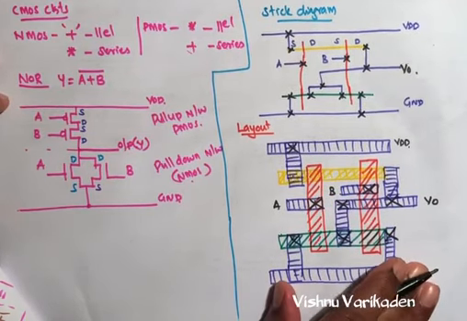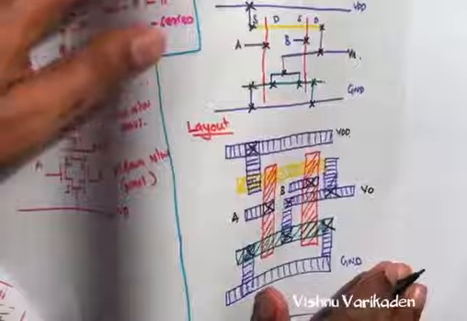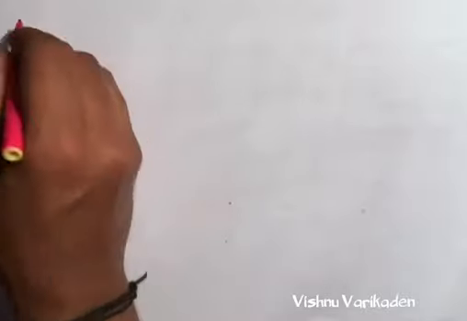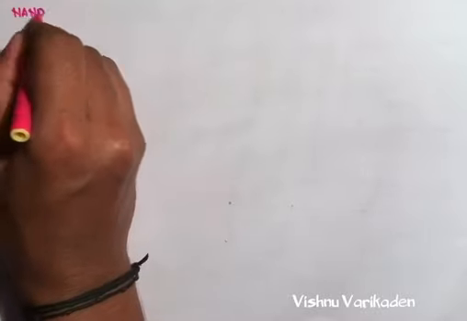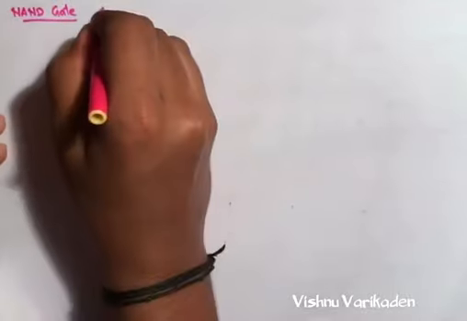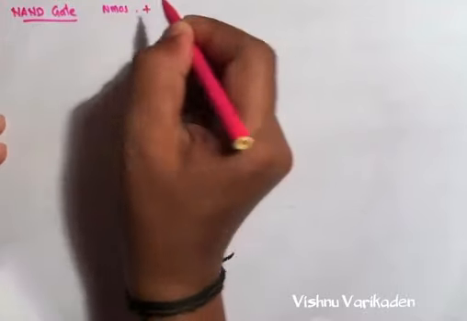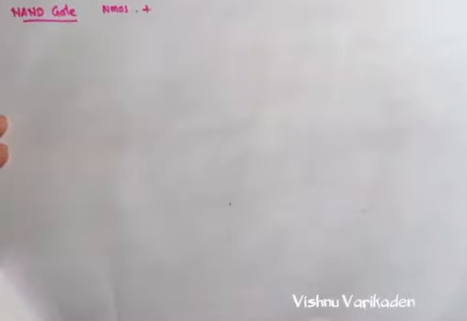Also we can make the NAND gate. In this NAND gate, we can make the assumption for CMOS, which we already defined in the circuit part of the NOR gate.